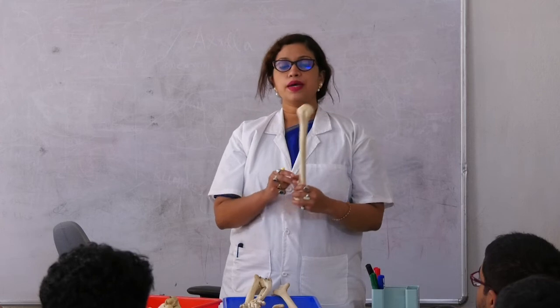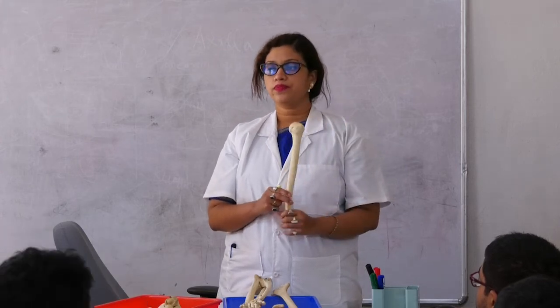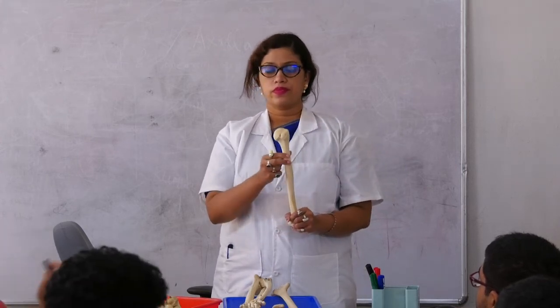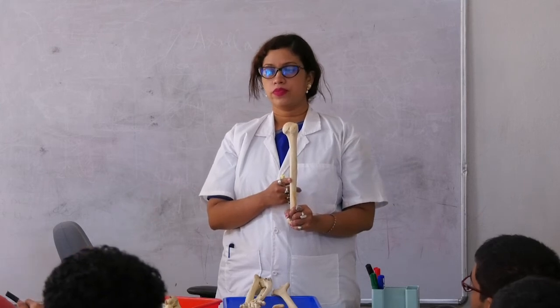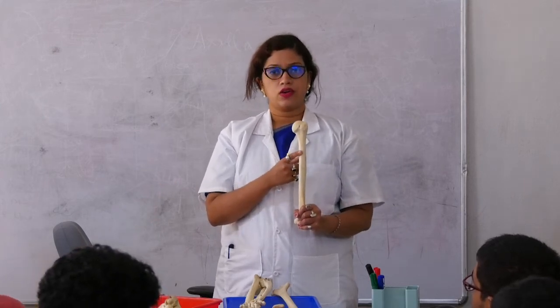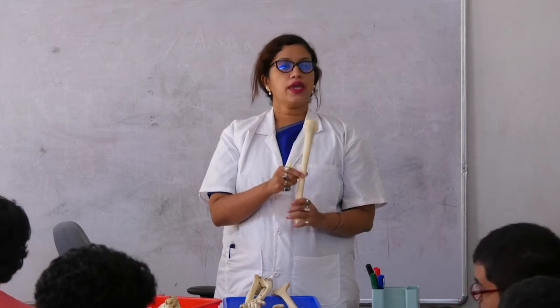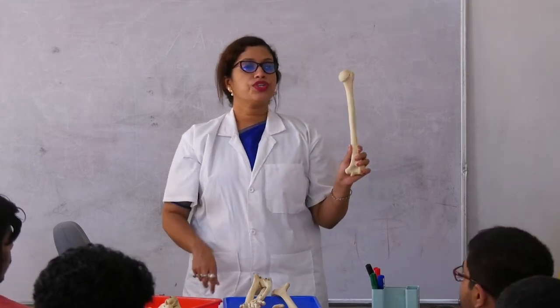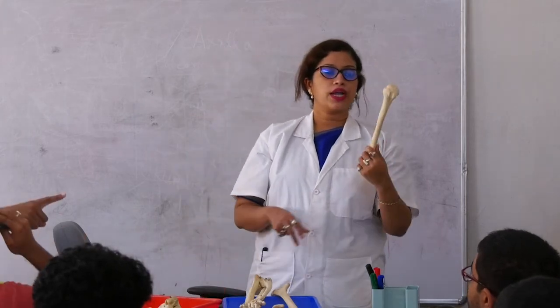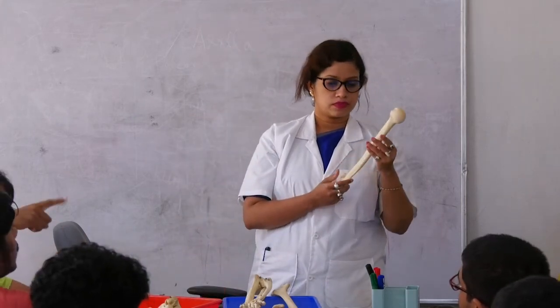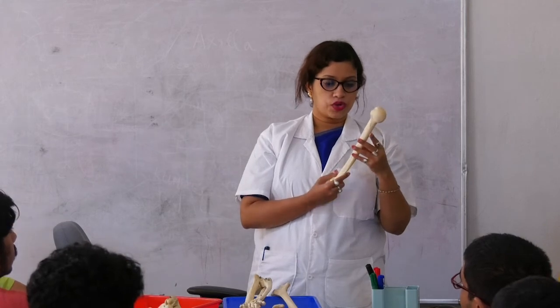So, which portion will have non-union? Below the surgical neck. Okay, upper end of the shaft and the middle of the shaft. Okay, why? What is the portion of the nutrient artery? To find where the nutrient artery is.